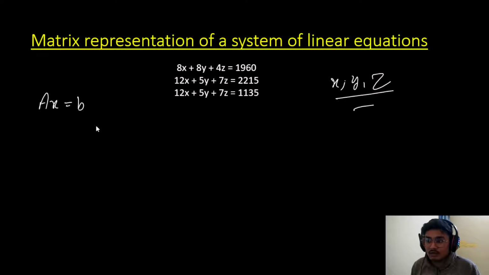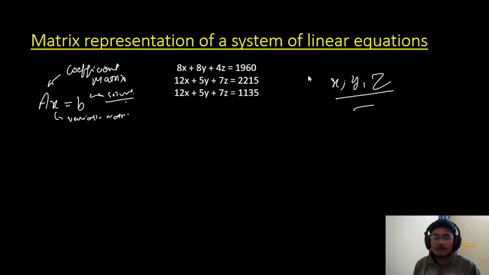In this system of linear equations, A is the coefficient matrix, X is the variable matrix, and this is the solutions, values, B constants. So how will we represent this system of linear equations in matrix form?